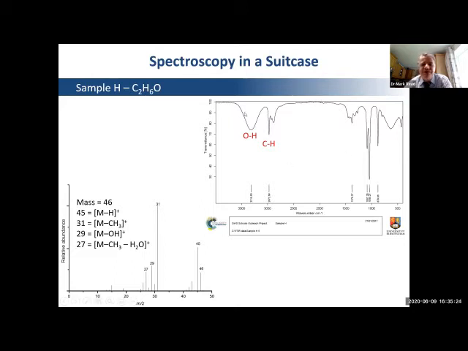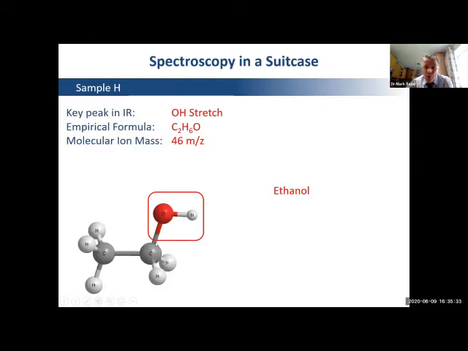So the infrared leads us to believe possibly we have an alcohol here. When we look at the mass spec, this confirms as well when you look at the fragments. Well, actually with sample H, the fact that you only have 2 carbons, it doesn't matter which carbon that OH group goes on, it's going to be ethanol. So sample H was quite a straightforward sample to begin with.